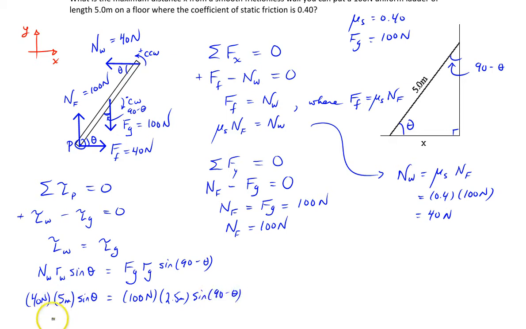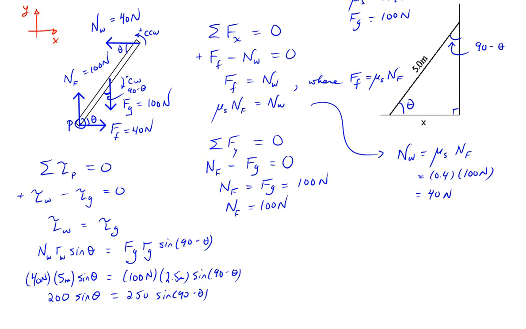So on the left side we have 200, and I'll just leave off the units because they will cancel out on both sides, sine theta, equals 250 sine of 90 minus theta. I'm hoping you're realizing you've got to find that angle, but maybe you remember something from your math classes. Do you recall something with sine 90 minus theta?